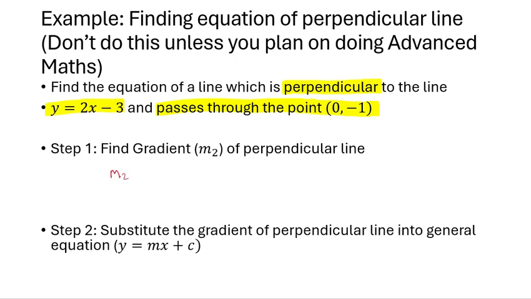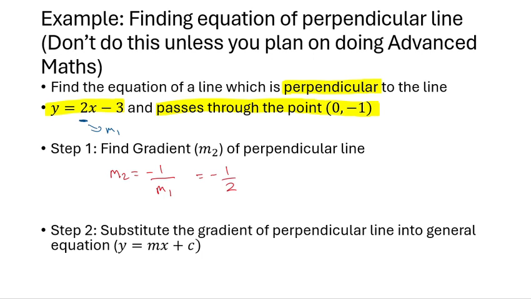Just remember our formula, m2 equals -1 over m1. Then identify what m1 is. So that there is m1. Now I can substitute 2 into my equation: -1 over 2. That means the gradient of the perpendicular line is -1/2.